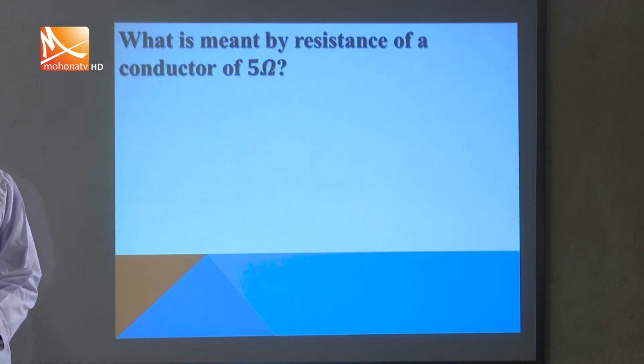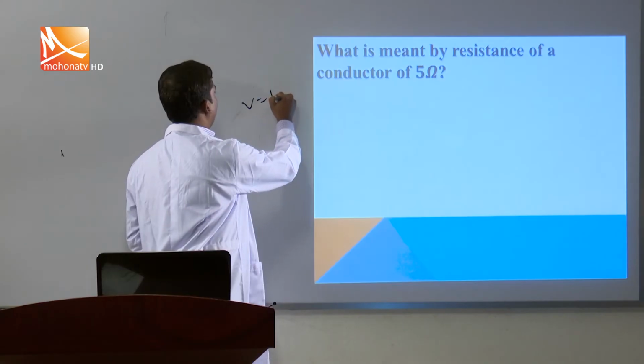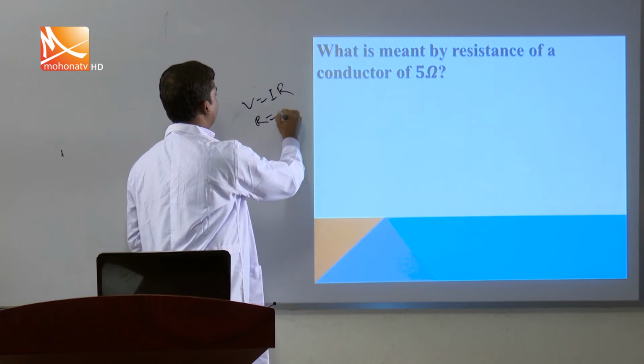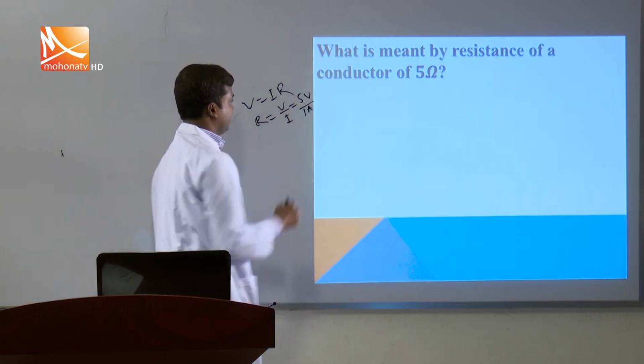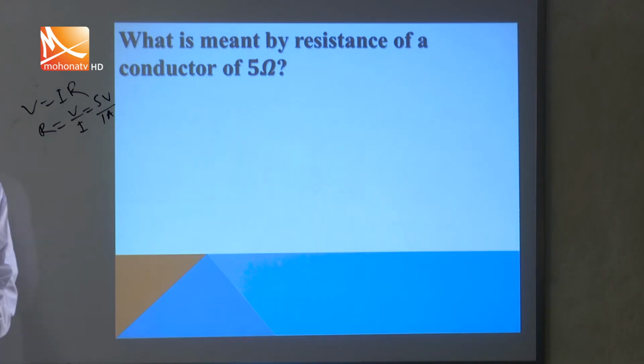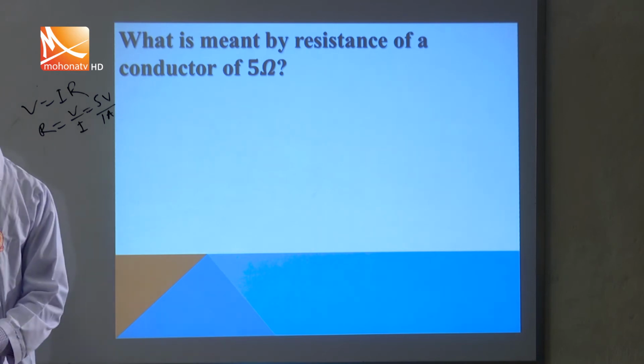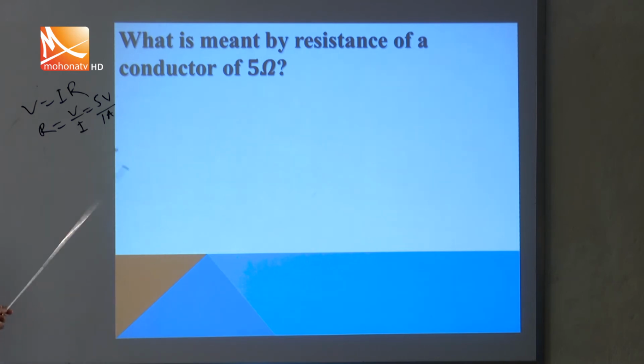That is V equals IR or R equals V by I, that is 5 volt by 1 ampere. This means that in order to flow 1 ampere current, if 5 volt potential difference is required, then the resistance of the conductor will be 5 ohm.